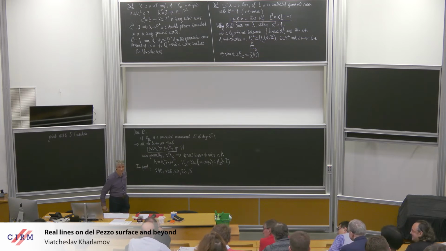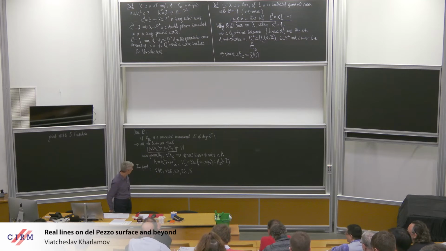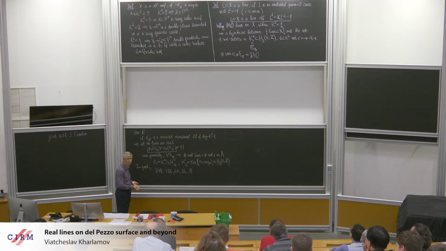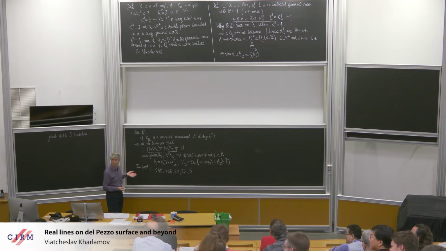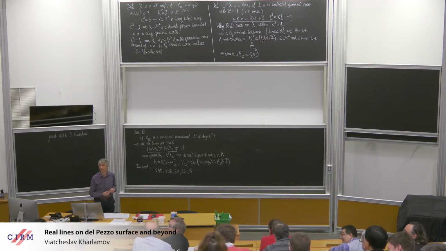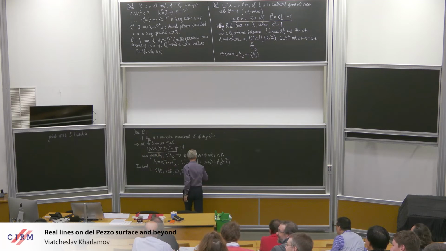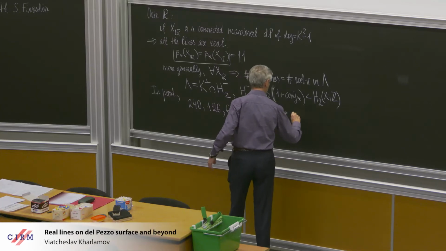If you add 6, 4, 2 and 0, then it will be all. It's too long to explain. It's not so important. What are these numbers? This is the number of real lines.